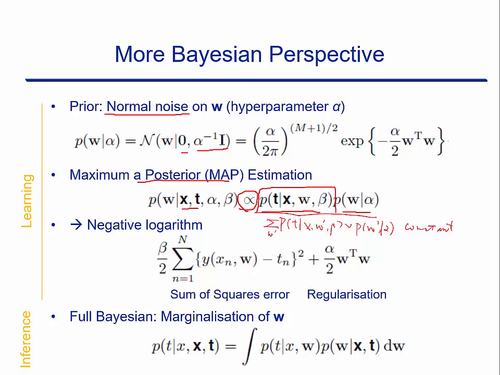According to the equation of the likelihood of the target values, this part will be reduced to the first part of the new equation, and by taking the logarithm of the prior probability, the second term will become this.